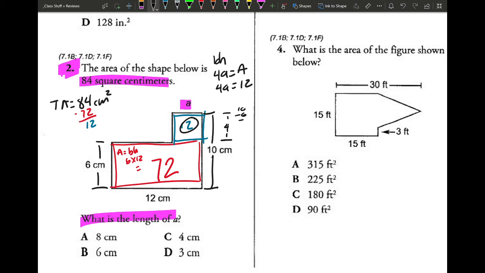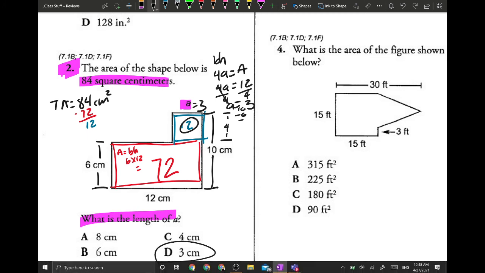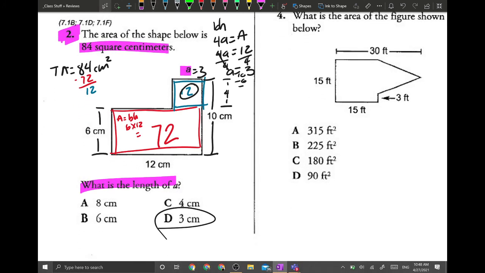That's the 12 right there. You divide by 4. A equals 3. And I was wrong. It looked like a square, but it's not a square. It's actually a rectangle. Right?